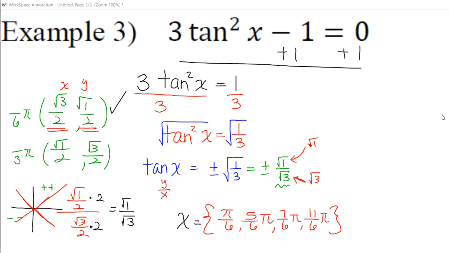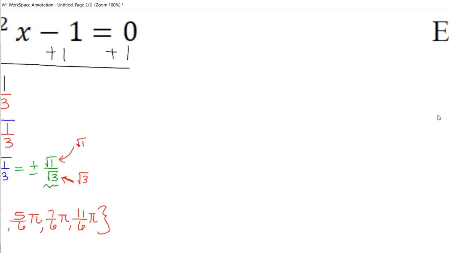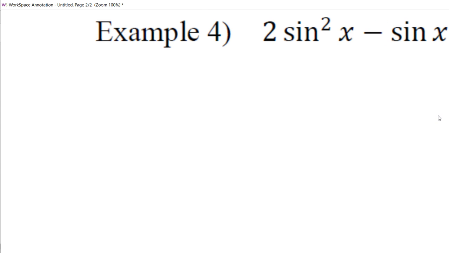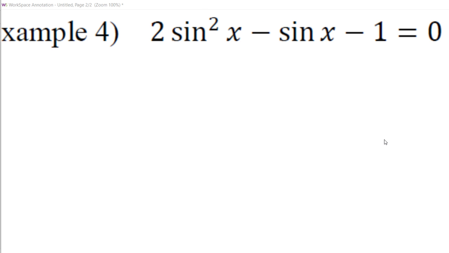Alright, now let's move on to example number 4. On example number 4, if you take a look at it, this is a quadratic function because we have something squared, that itself, and a number at the end.